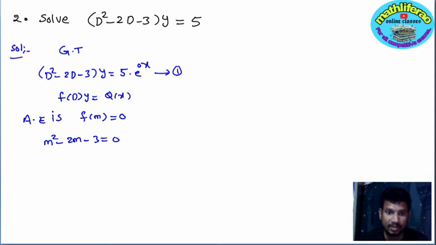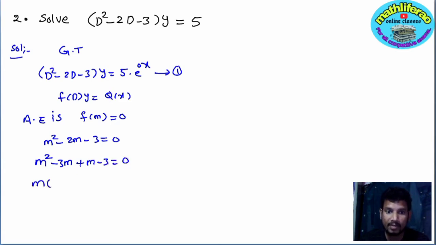Now roots of the equation, here the product is 1 into minus 3, the sum is minus 2. Okay, sum is minus 2, so we convert it as m square minus 3m plus m minus 3 equal to 0.